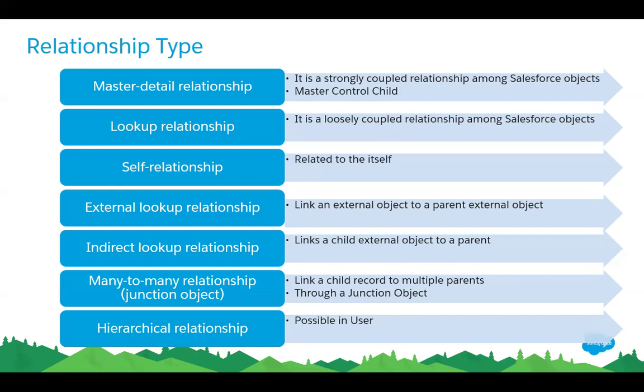Likewise, let's say you have a prescription object, and in the prescription object you will have prescription line items, right? Let's say somebody has some medical issues, and the doctor is giving you a prescription.